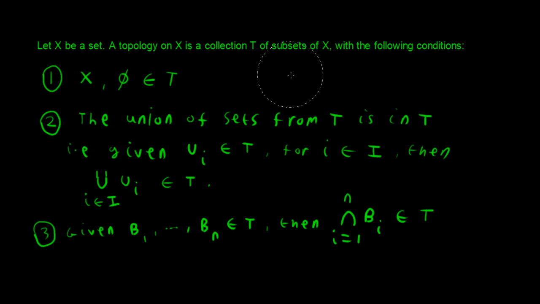Maybe add your own notes to it, so maybe add the fact that this needs to be a finite number of sets here for the intersection, and it can work for any number n provided that it's finite, and then maybe you want to add that the union can be an arbitrary number of sets. Okay, but the important thing is to remember that these conditions all hold. So just write them down, and that'll be your definition of a topology.